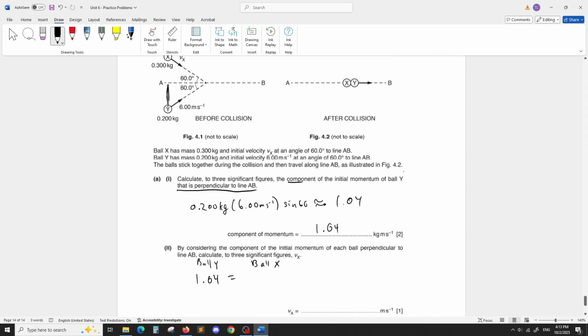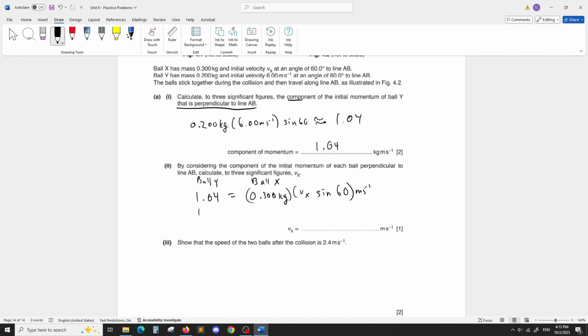It's going to be mass times velocity, so 0.300 kg. Our velocity is going to be Vx sine of 60. I hope that makes sense.